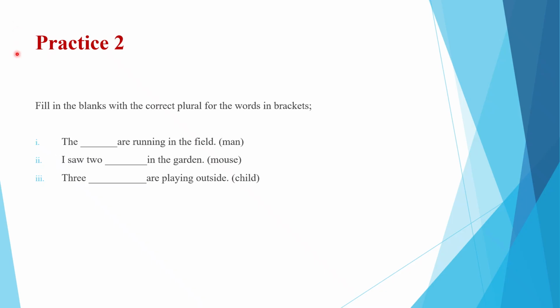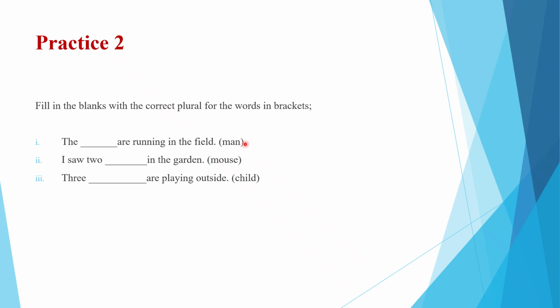After you are through with the practice exercise 1, changing the singular irregular nouns into the plural, I also want you to pause this video, look at our practice 2, which requires you to fill in the blanks with the correct plural for the words in the brackets. So I expect you to use these words, the nouns that are in the brackets, they are in singular form.